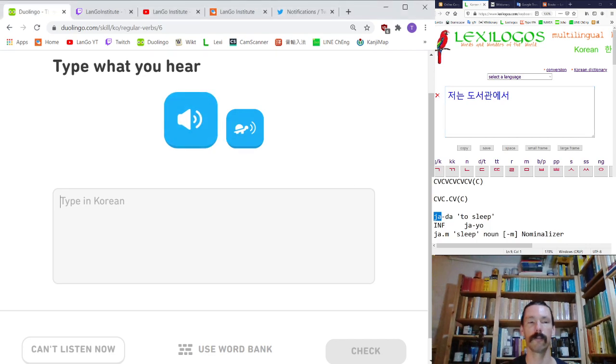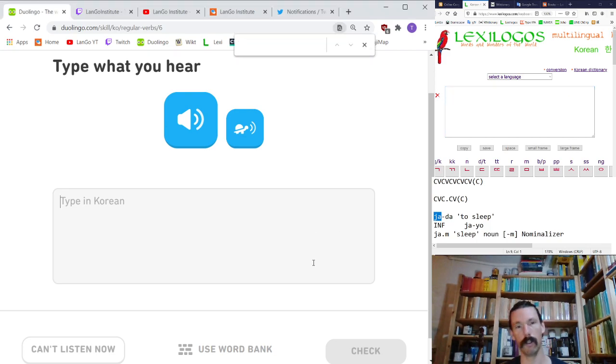Right? 저는 도서관에서 노래를 합니다. 노래 gotta space it. That's 를 tells us the end of that phrase, then a verb as a second word. 합니다. Not there, but here. 저는 도서관에서 노래를 합니다.